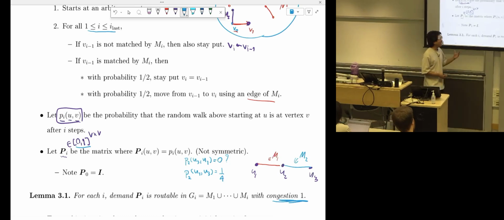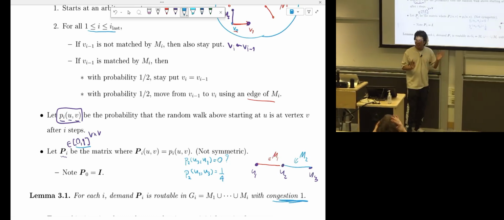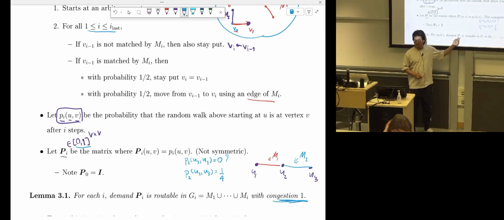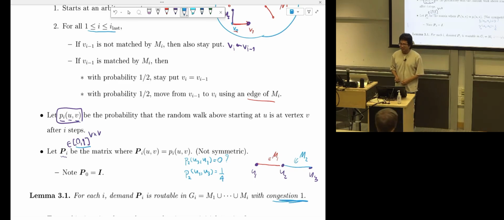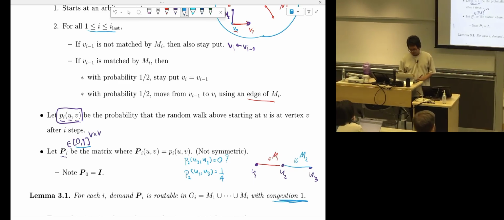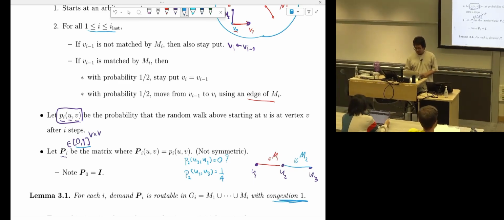The concept generalizes easily when you talk about asymmetric demand. Any more questions about the statement itself before we go to the proof?